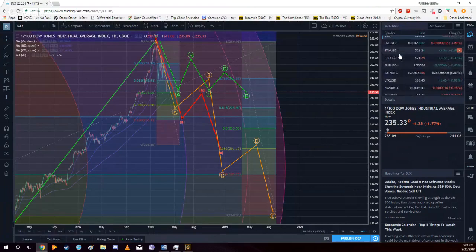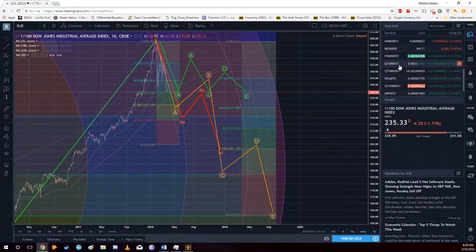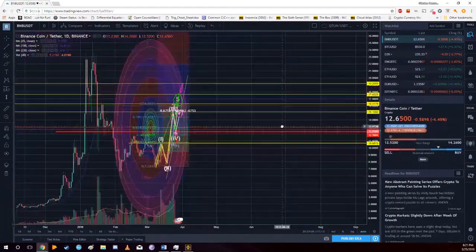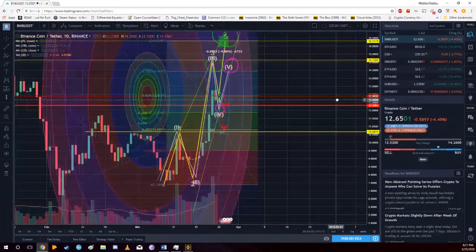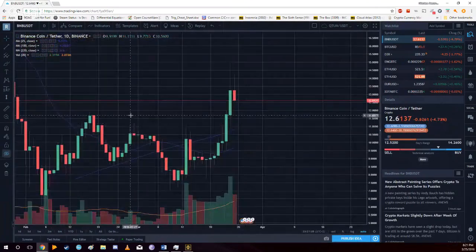Binance Coin, Binance Coin. Where is Binance Coin? BNB USD. Okay. This is really messy. Let's hide all drawing tools. Okay.